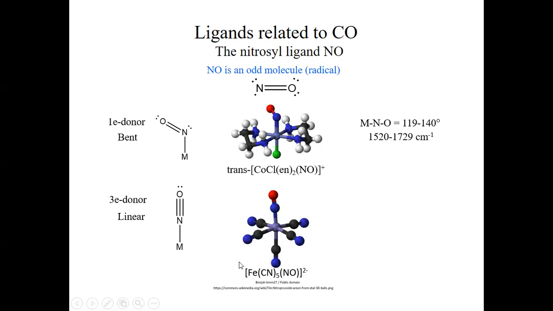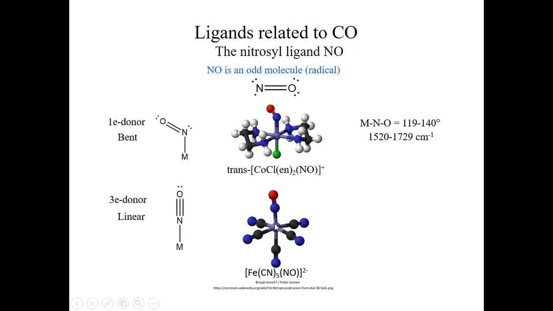So this is derived from the hexacyanoferrate, but one CN minus ligand is substituted by an NO ligand, which utilizes 3 electrons.